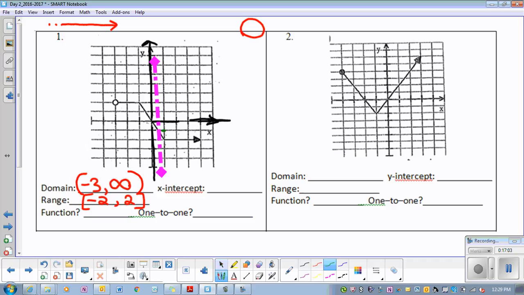So here, it hits the graph one time, right there. Here, it hits the graph at only one spot, right there. If your vertical line hits the graph at only one spot, then it is a function. If it hits it at 2 places, then it's not a function. All right, so then for this one, is it a function? Yes. Okay.